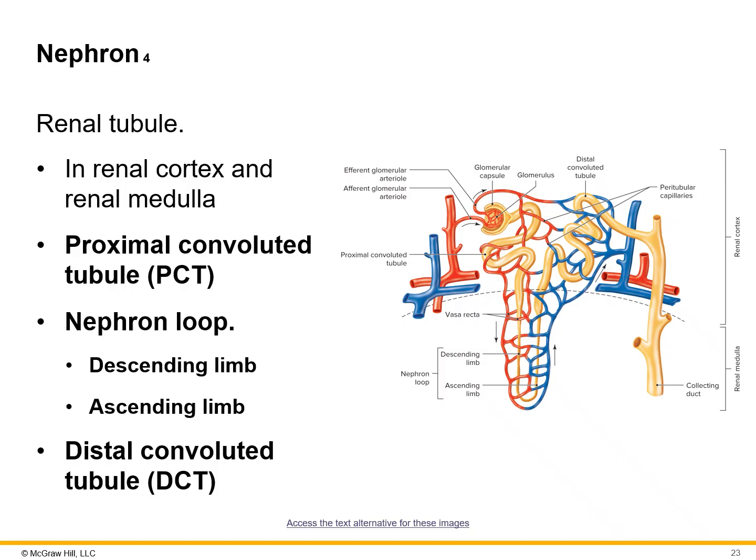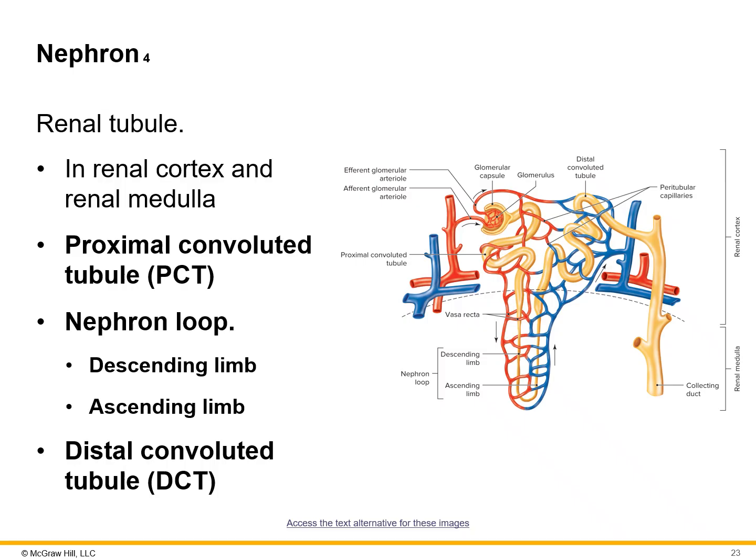Okay, so still talking about nephrons, but the PCT, or your proximal convoluted tubule, nutrients are actively reabsorbed into the PCT. The PCT and the DCT, which is your distal convoluted tubule, are surrounded by those peritubular capillaries.